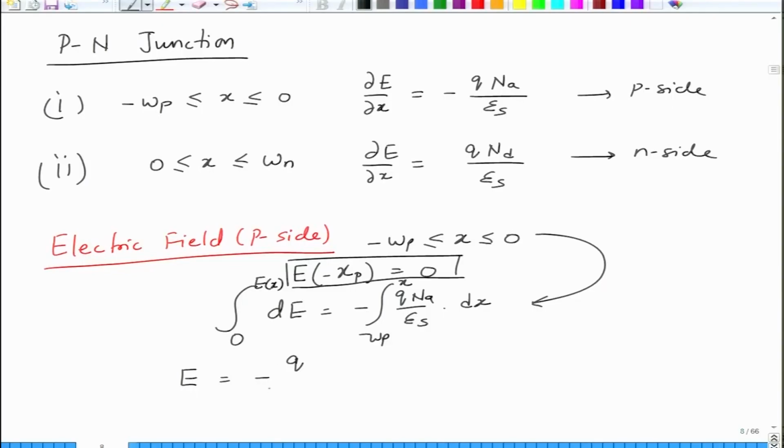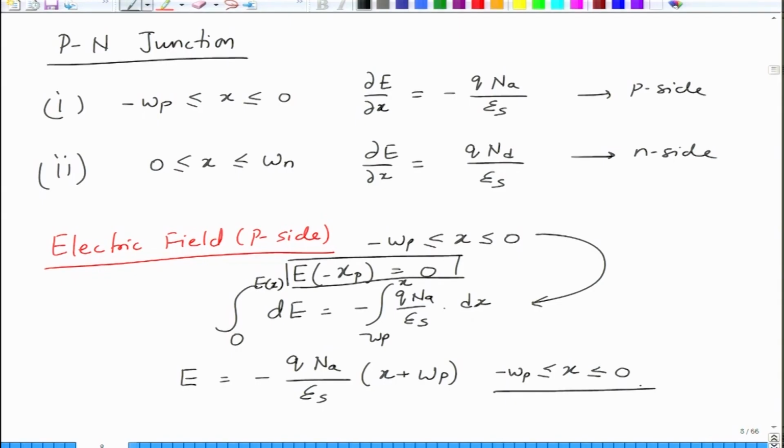So it is minus q N A divided by epsilon S, integrate. If you integrate, what you will get is x plus Wp. So E is equal to minus q N A divided by epsilon S into x plus Wp, for x being between minus Wp and 0. Okay. This is for the electric field on the p side.